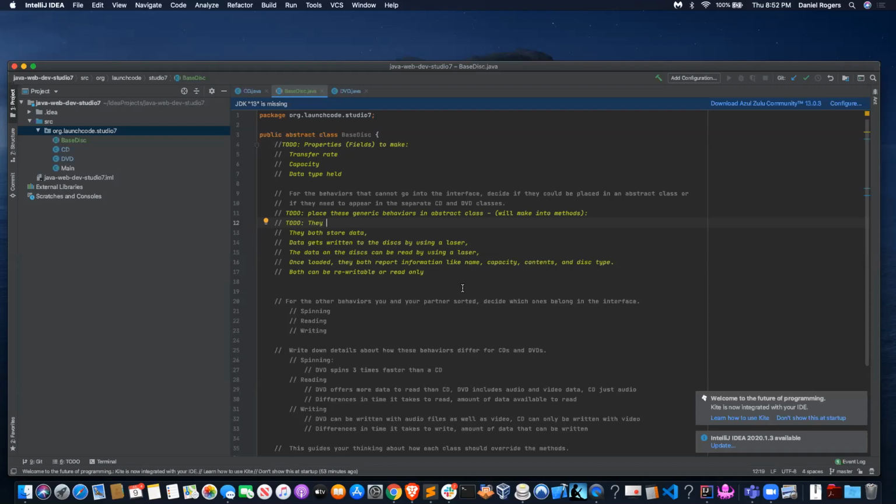I think that's a term, right? It's either functional or, I'm trying to think of the word. Procedural, is that what it is?